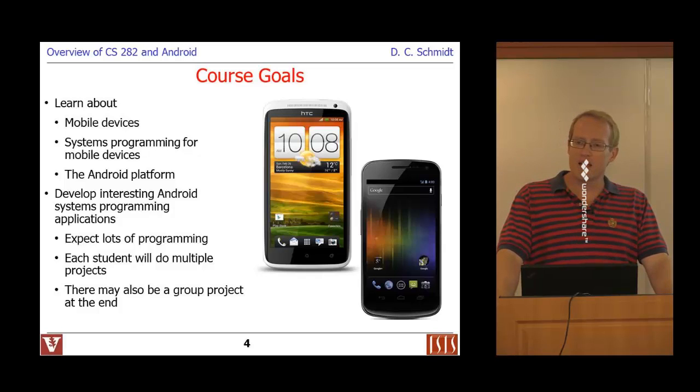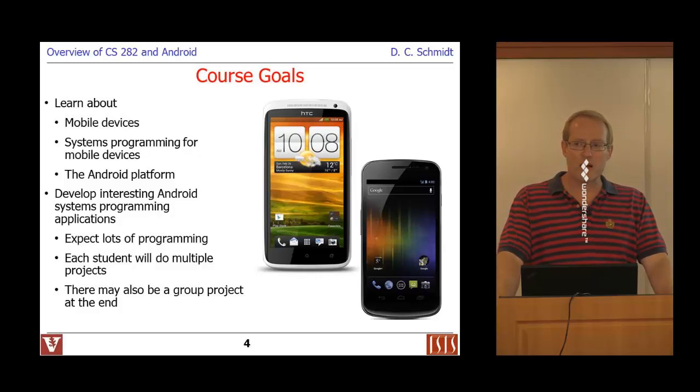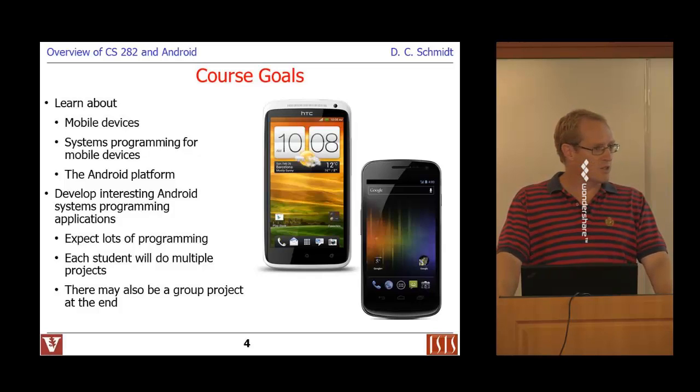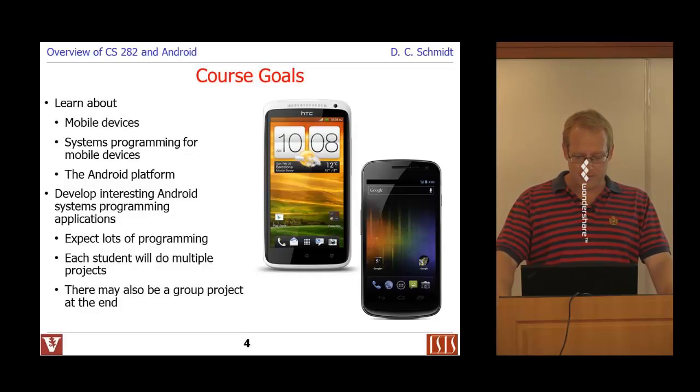Some of you are taking CS 279 or 278 with Jules White, and for those of you in that class, we'll try to figure out a way that the projects we do here and there can kind of dovetail on each other, and you'll see why. You'll learn more about why that's a good thing when we get further along in this course and that course. And as usual, there'll be lots of programming.